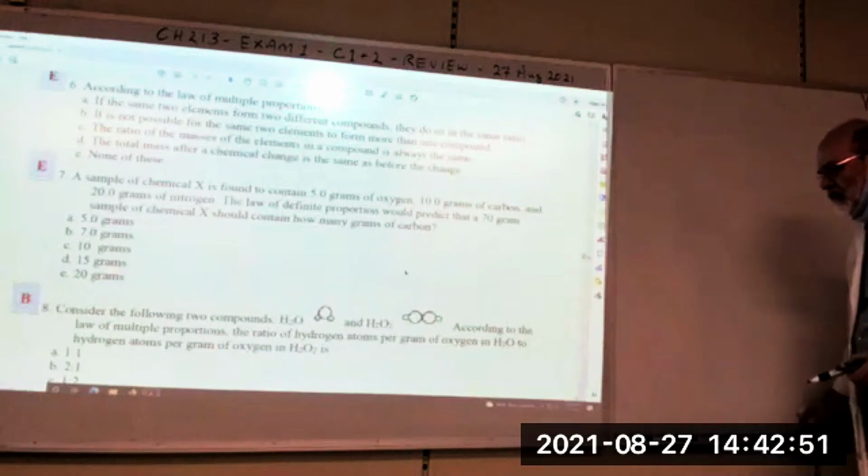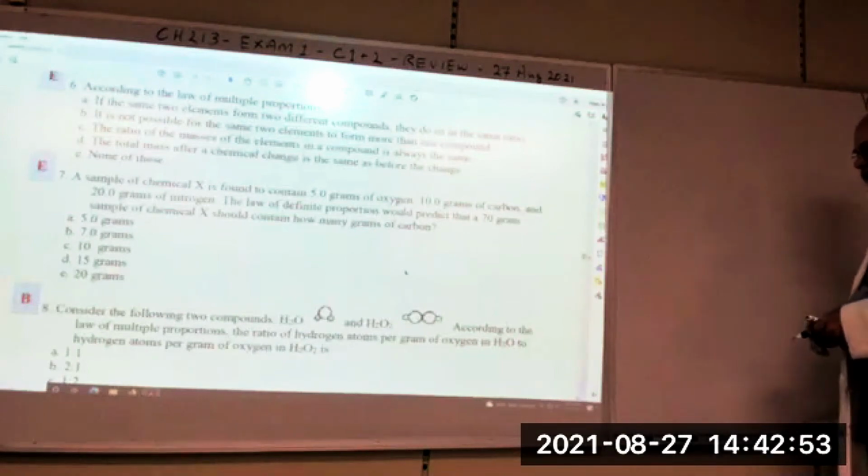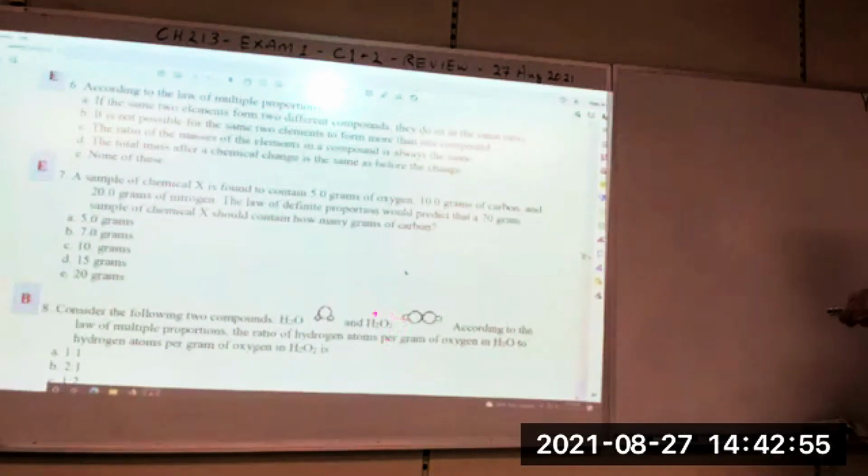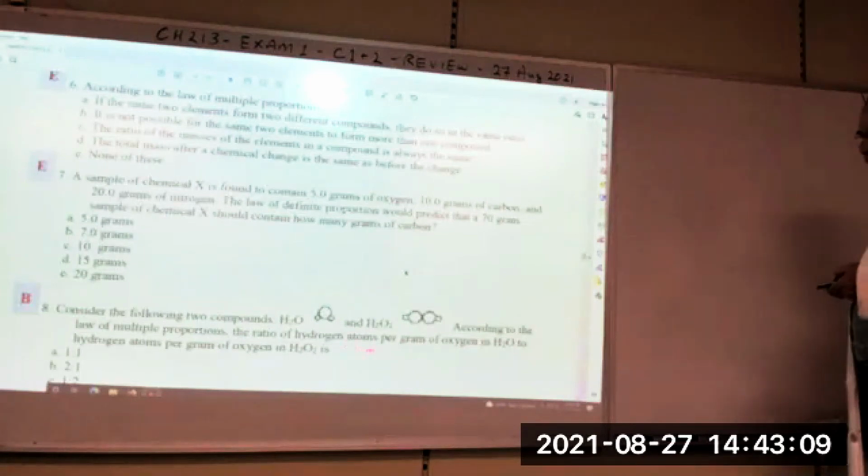What's that next one? Water and what's this one? H2O2. You ever look on bottles in your medicine cabinet to see what's in them? Check the one that's in a brown plastic bottle. Hydrogen peroxide. Yeah, that's hydrogen peroxide.